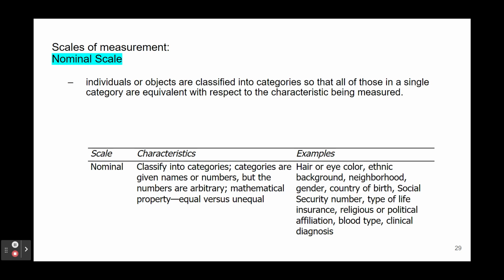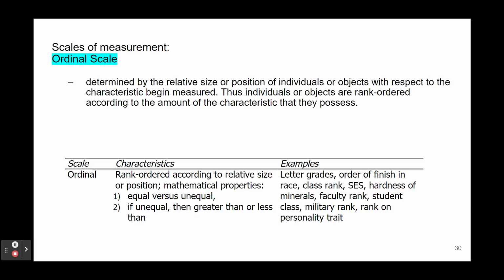Even though we put numbers on the back of sports athletes, it works as a name. Oh, number five, number seven, right? It's not like number 10 is two times faster than number five. No, the number represents a name, nominal scale. Are you with me? We're systematically adding some numbers, but it just happens to be a name.